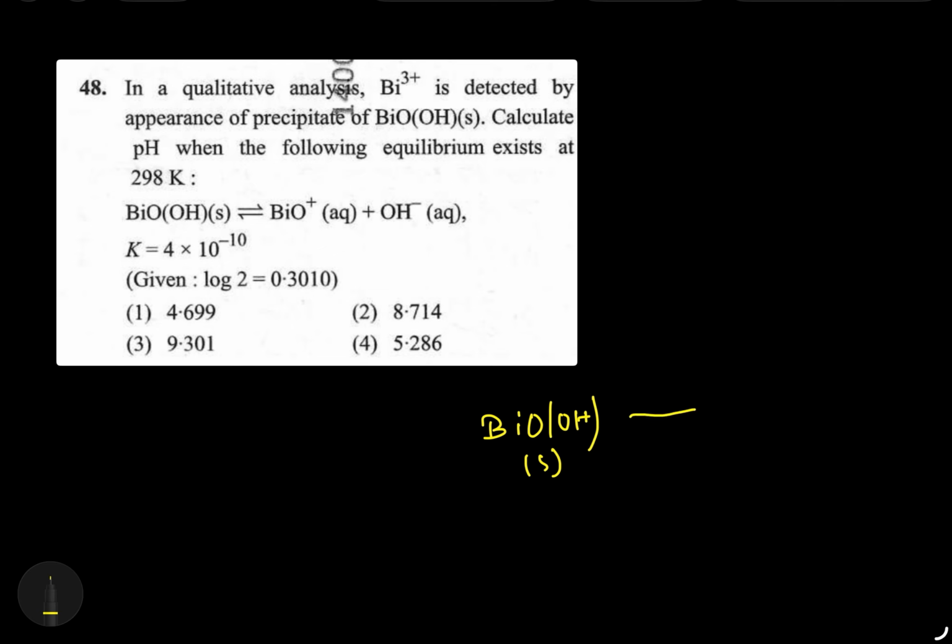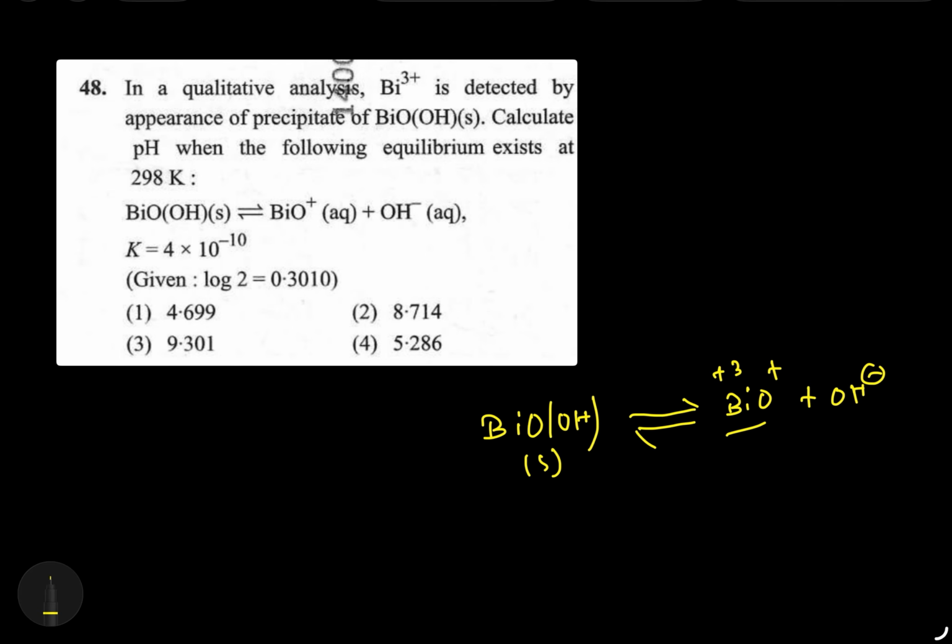When we put some water into it, some of its components get dissolved in water and give a positive and negative ion, BiO+ plus OH-, right? In this bismuth oxide ion, bismuth is in the +3 oxidation state. That's why they have mentioned Bi3+, right?